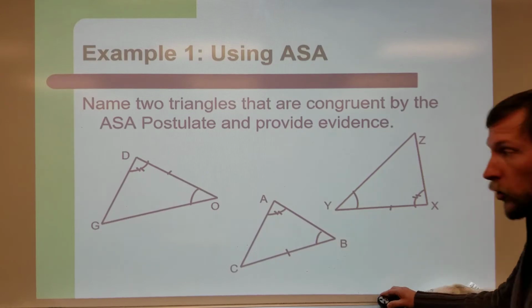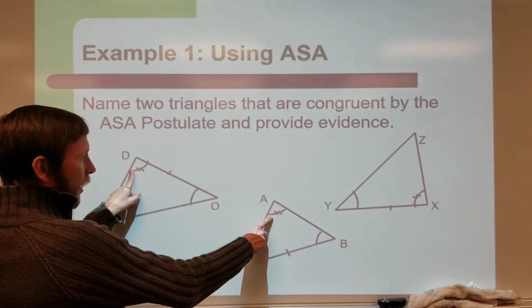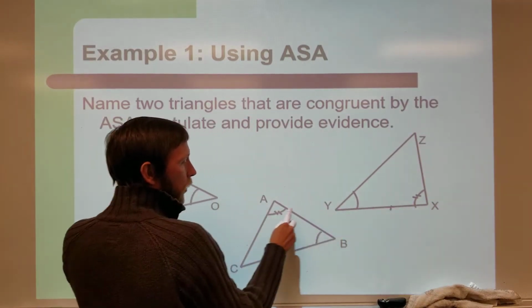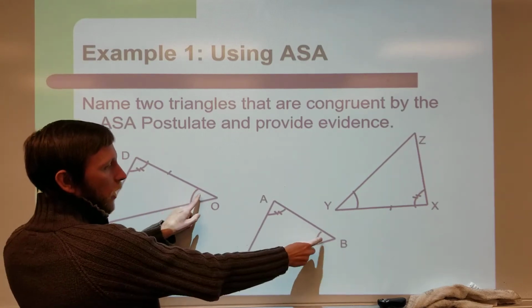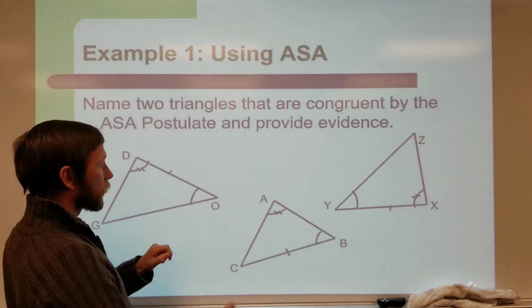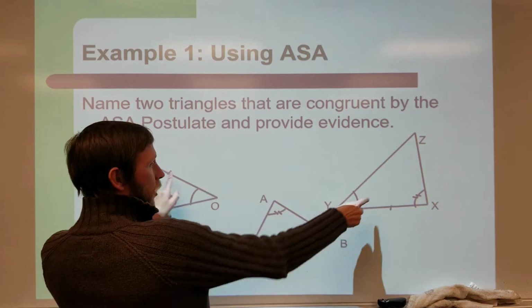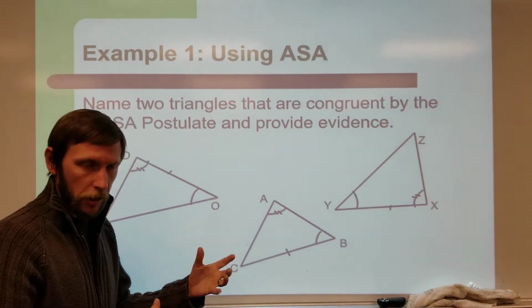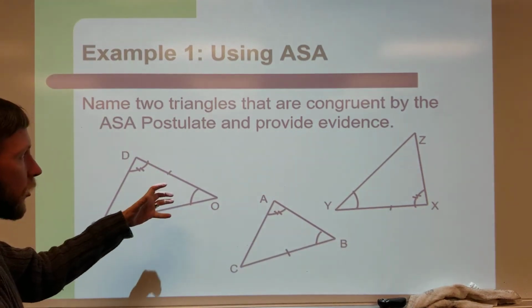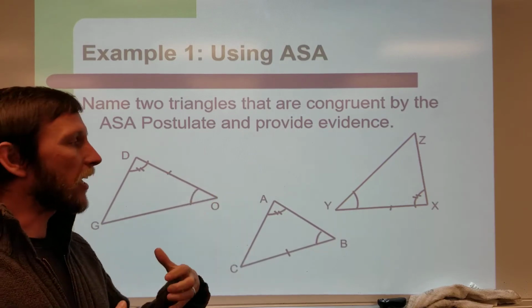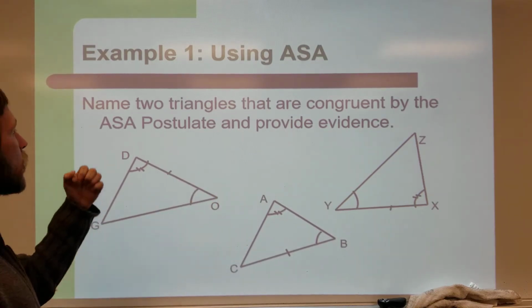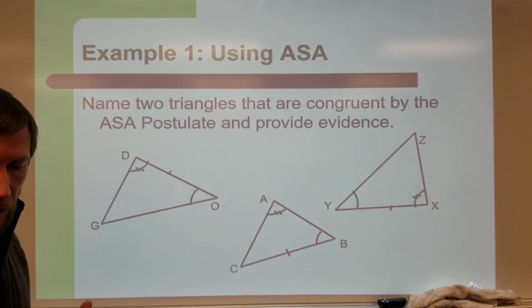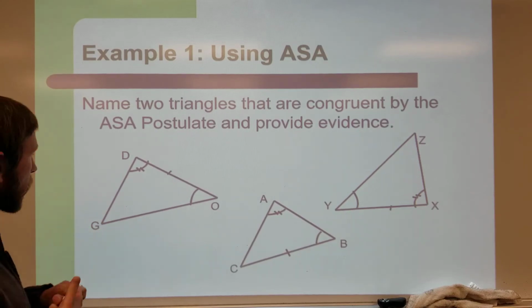What we should note is that we have a pair of congruent angles in all three triangles, and we've got a pair of congruent sides in all three triangles, all right? And so the goal here is to say which pair of triangles is actually congruent using this angle-side-angle secret shortcut, all right? The angle-side-angle postulate.